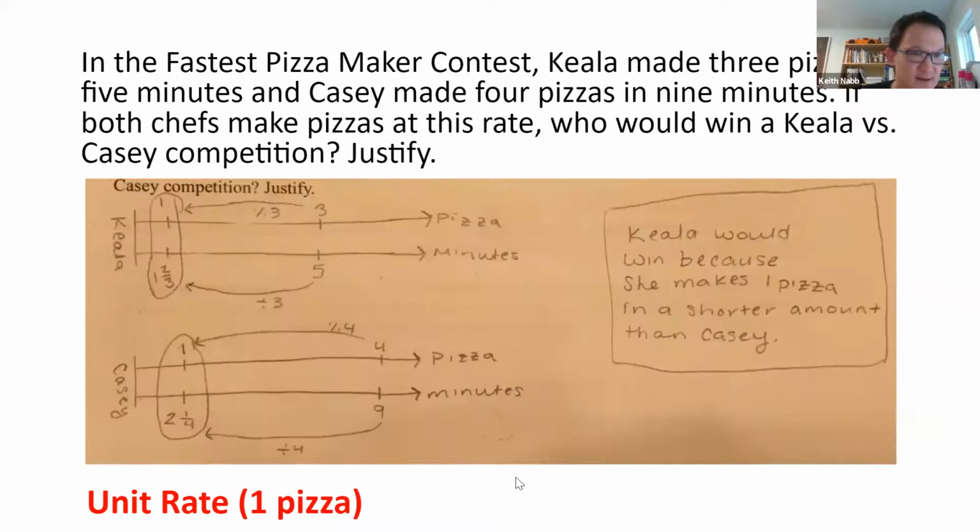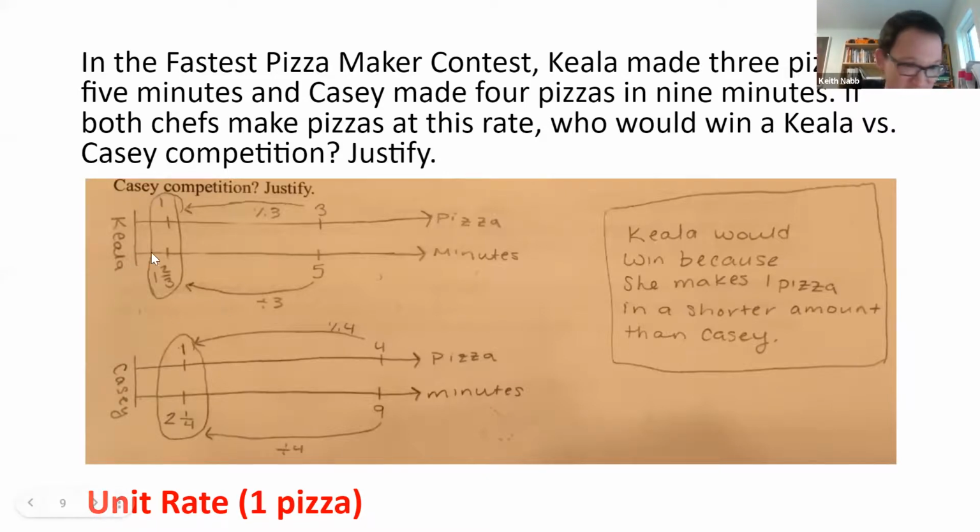And here, naturally, we expect this to happen the other way. So this is another unit rate, except we're unitizing on the pizza. If you look at the top solution, 1 pizza, you can see the time it would take Keela to do it, and likewise for Casey. Now, why do I love the double number line? It's because the student still has to think. If you look at the top solution, students tend to think the bigger number is going to give me the answer.